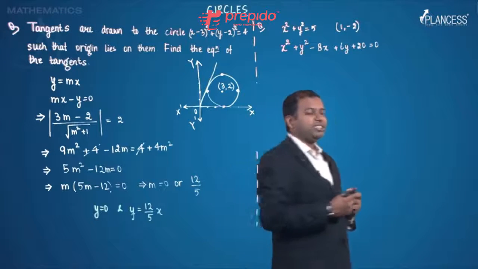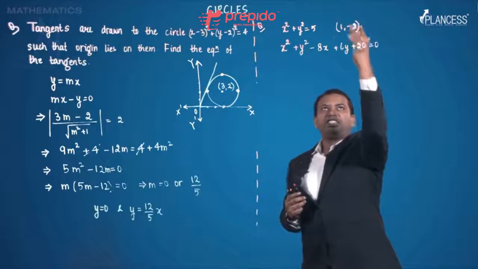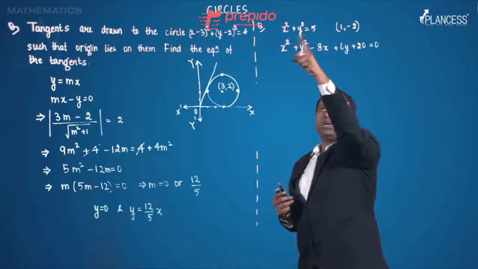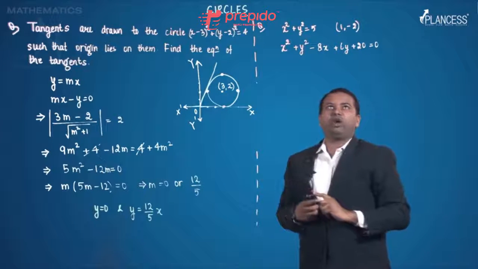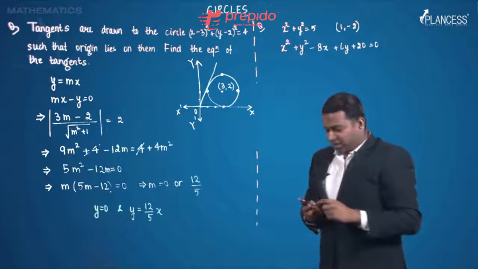The question says we have to find the point of contact of the tangent to this x square plus y square equal to 5 at 1 comma minus 2, where it touches this another circle.